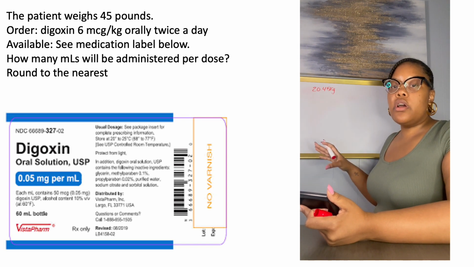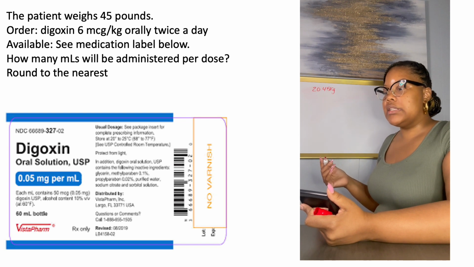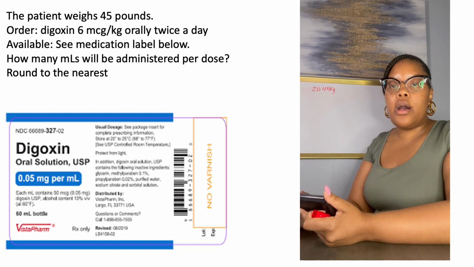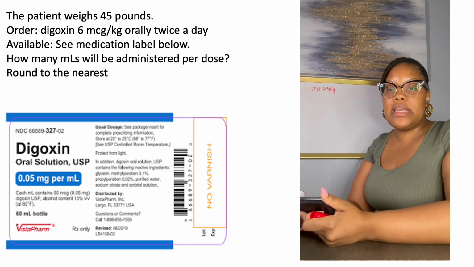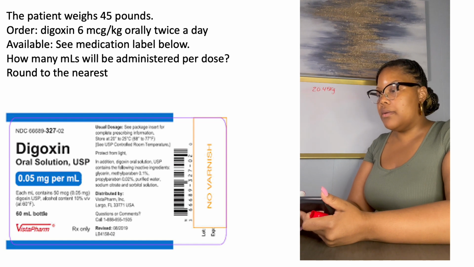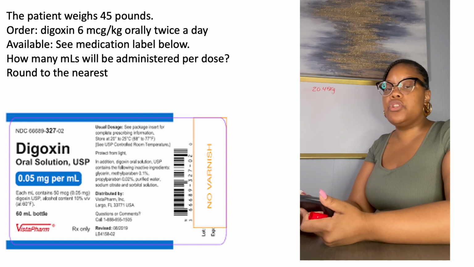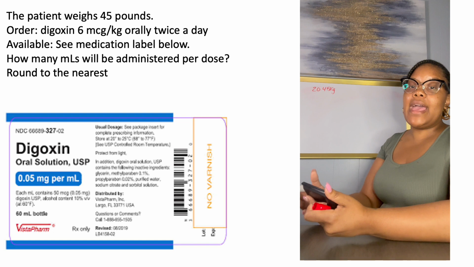Now let's think about some other conversions that we have to do as well. Our order is in micrograms, but our label is in milligrams. So what do you think we would need to do? We would need to convert that as well.